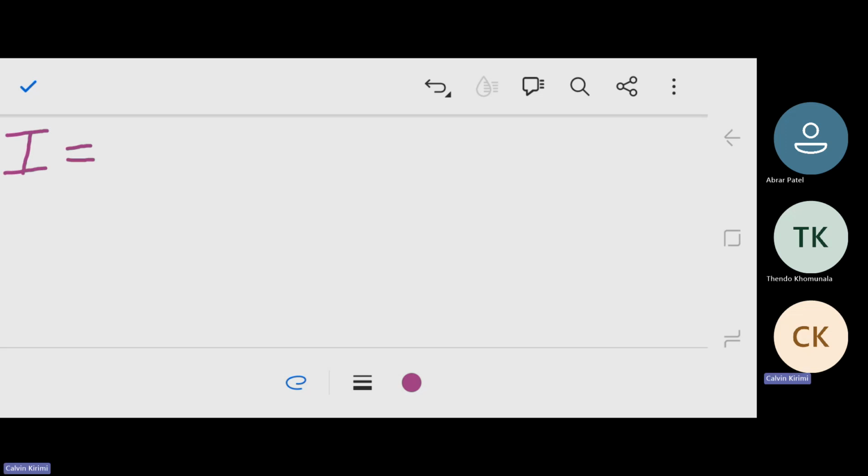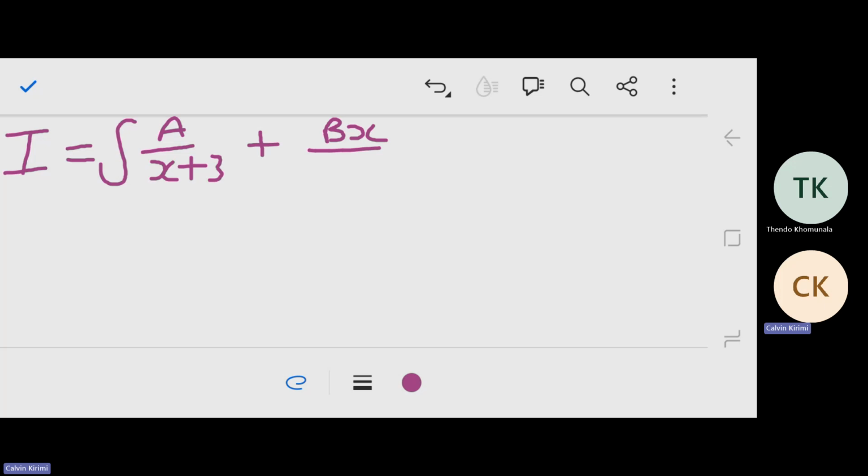We said that I is equal to the integral of A over x plus 3, plus B over x squared plus 9, plus C over x squared plus 9.